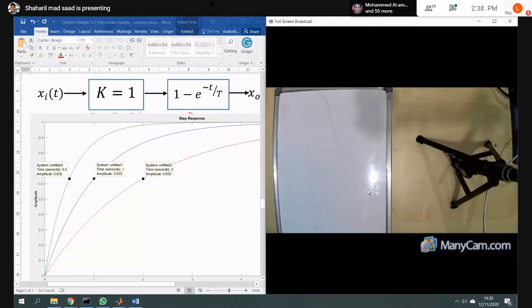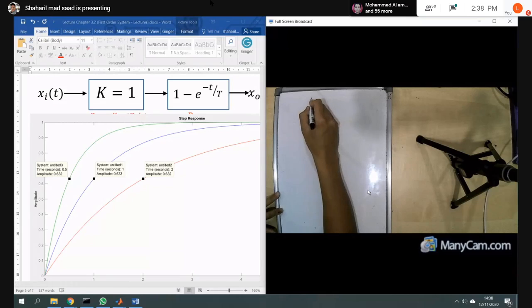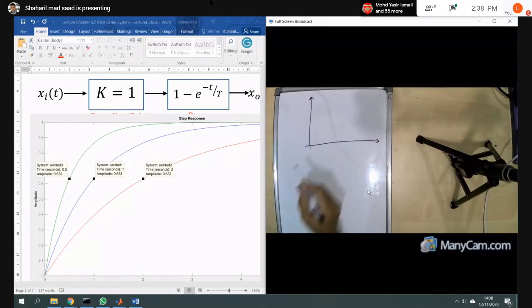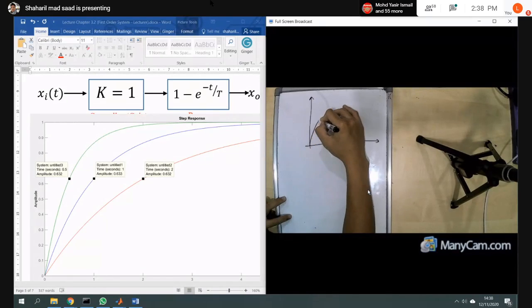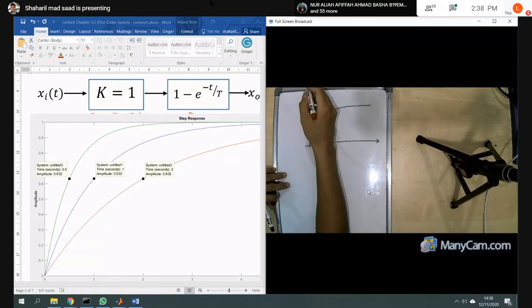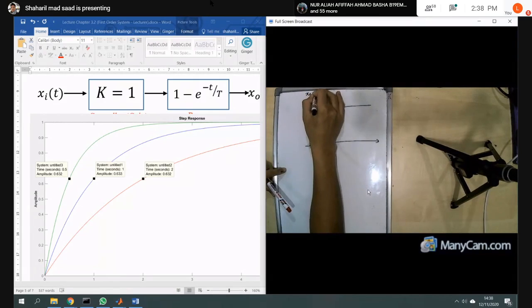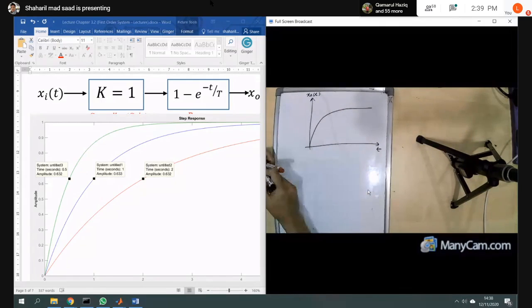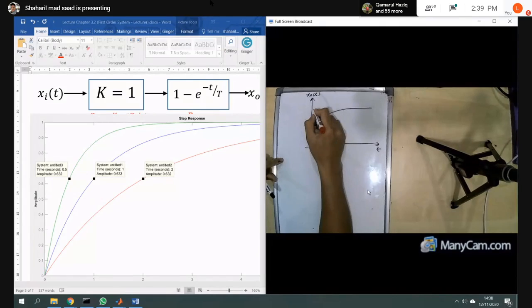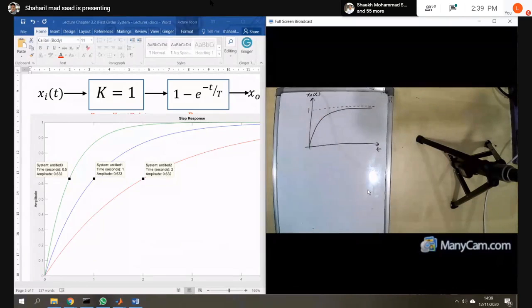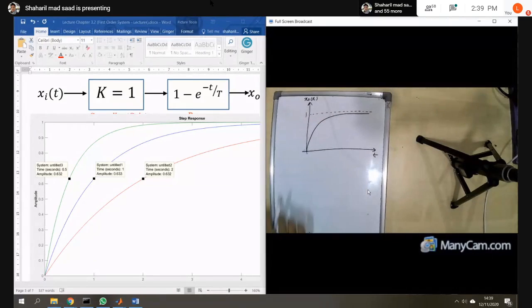So this is our graph for the first order system. This is t, and this is T. Then it will stop at 1. Why 1?